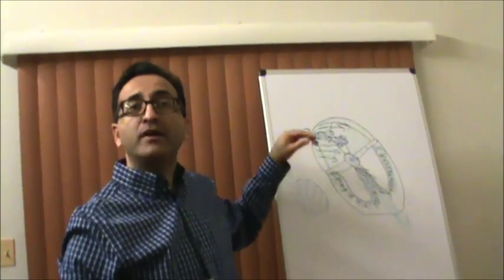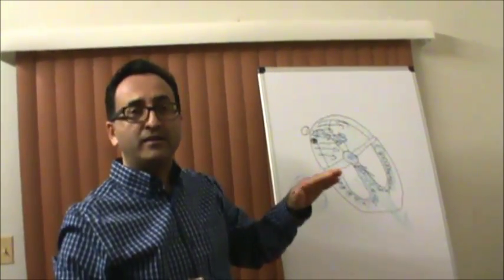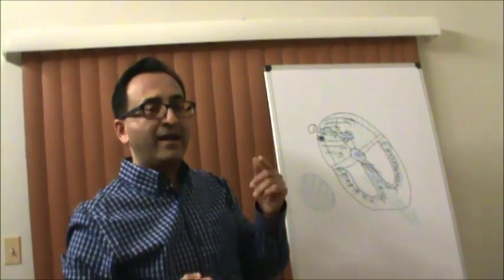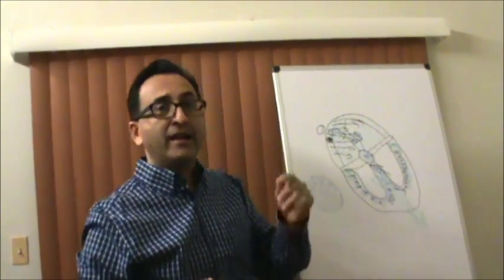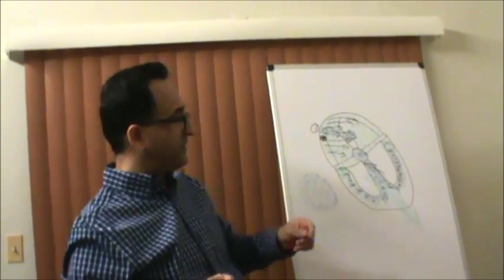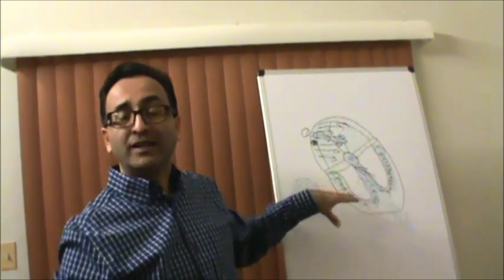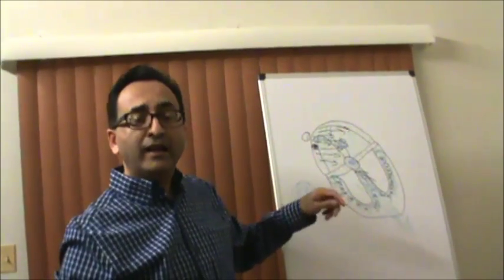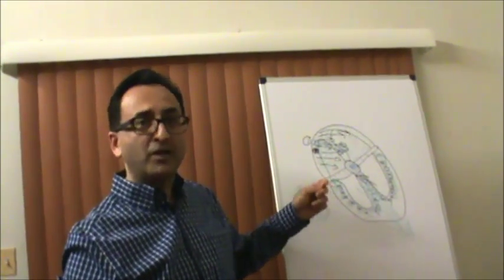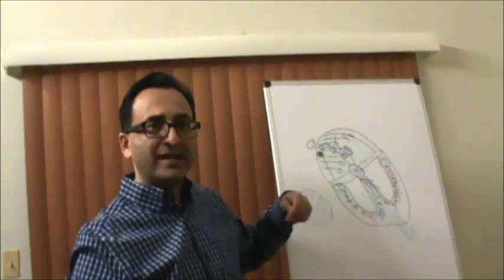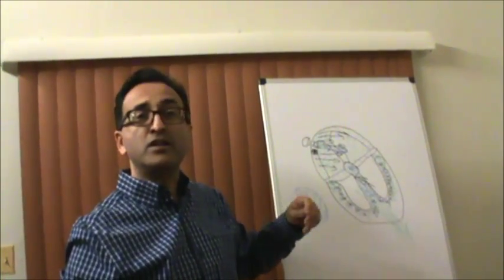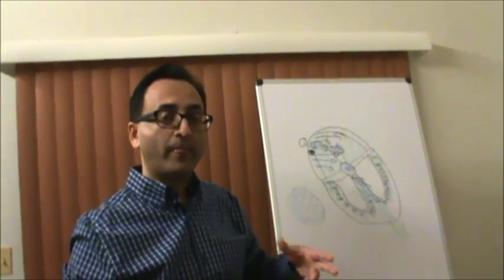And atrial repolarization, remember in the first session, is a slow process. Whereas here in the Purkinje system and in the ventricle, the myocytes are such that they fire quickly, the depolarization dominates and it takes over.